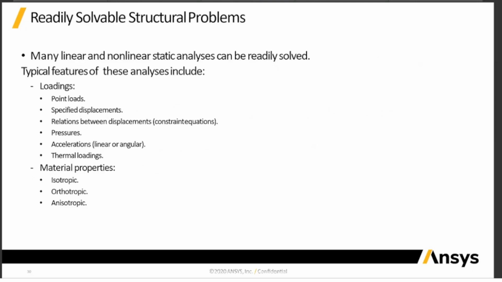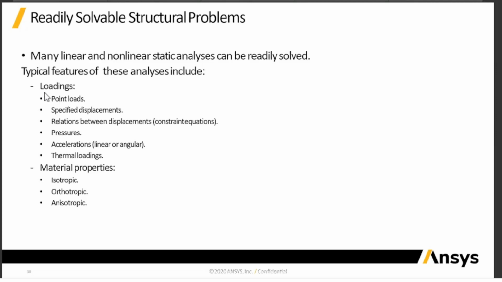There are various readily solvable structural problems, like many linear and non-linear static analyses. The typical features are different loadings like point loads, specified displacements, and relations between the displacements, which we call constraint equations.